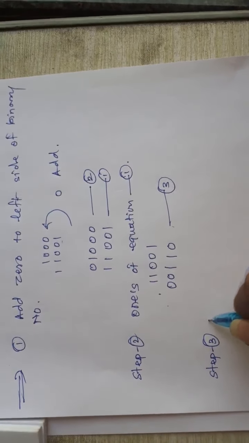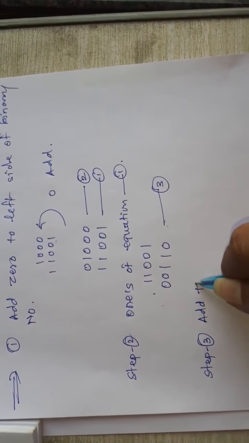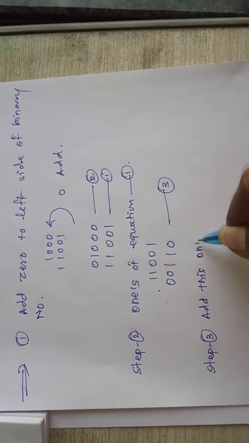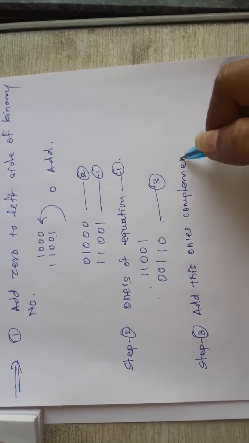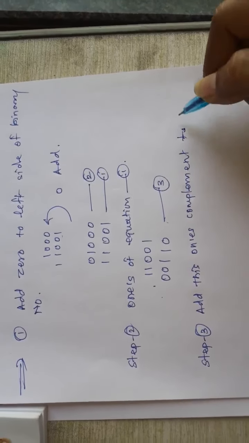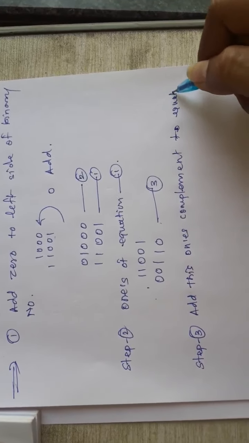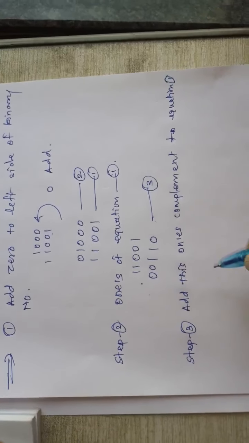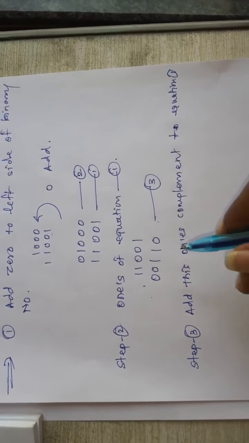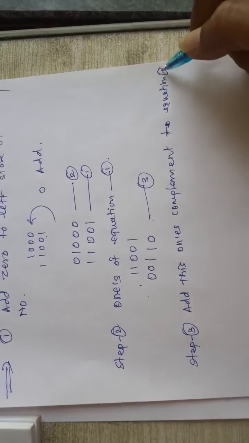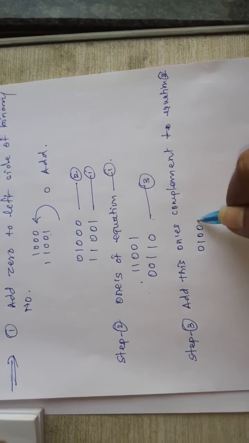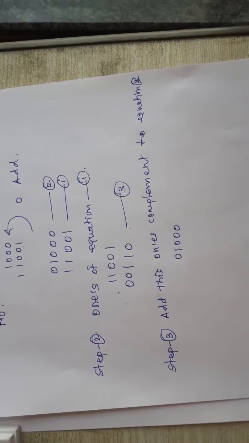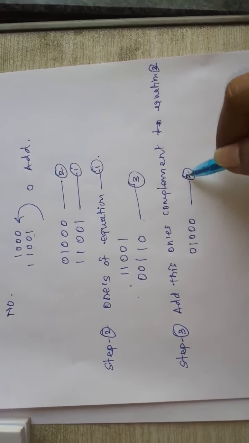Now add this one's complement to equation 2. What is equation 2? 01000. This is equation 2.